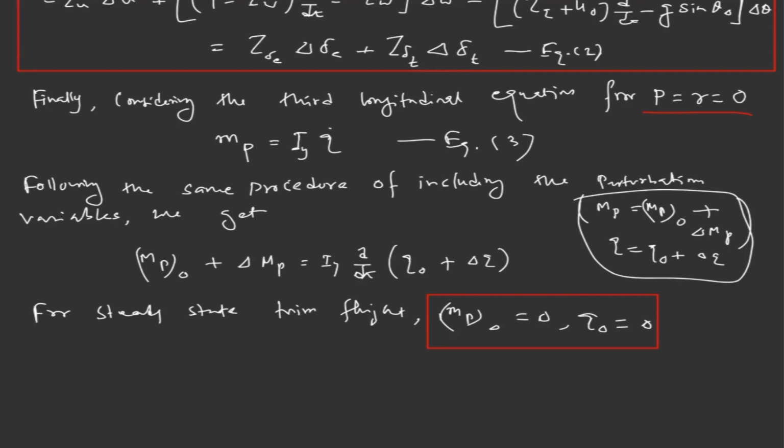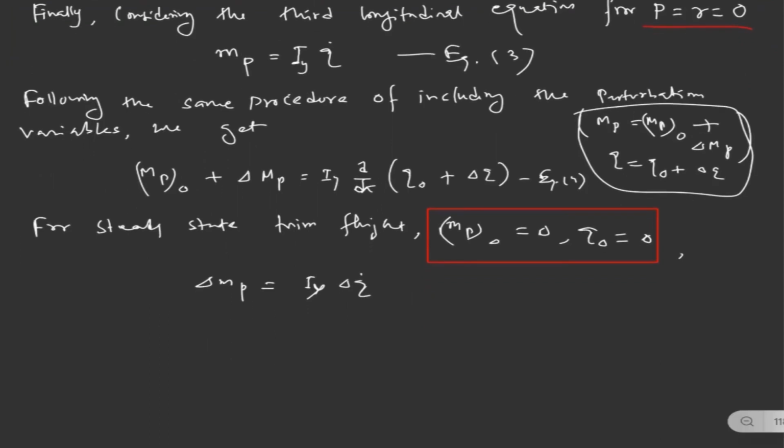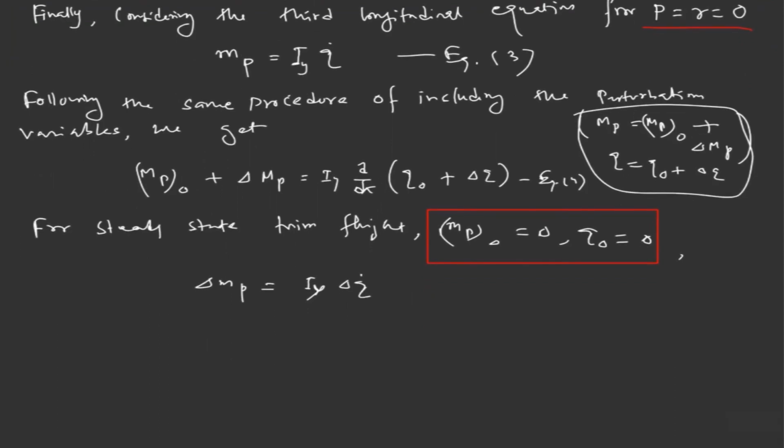So for this condition, equation number 4 yields delta M_P equal to I_Y delta Q dot. Here the equation is written in perturbation variable form. Delta M_P is basically the total perturbation moment acting on the y-axis, generated due to the different variables in the system.